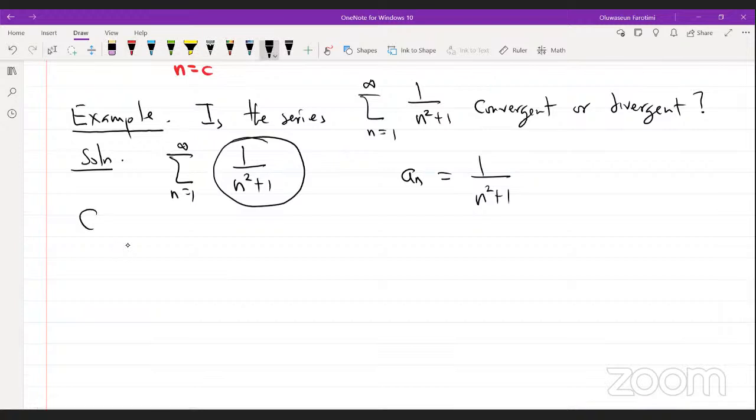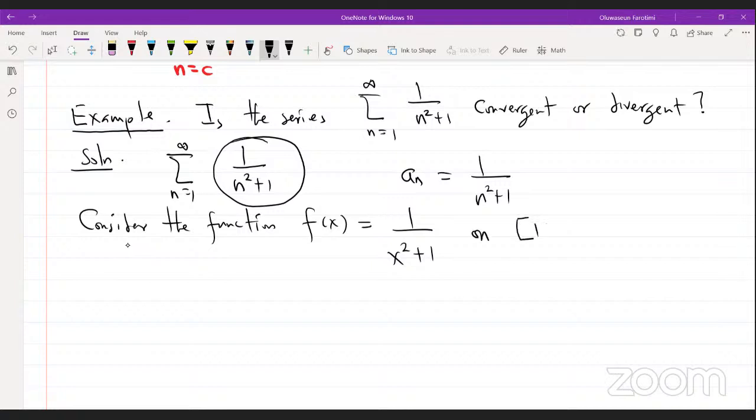So I'm just going to say, consider the function f of x equals 1 over x squared plus 1. So consider this function on 1 to infinity.